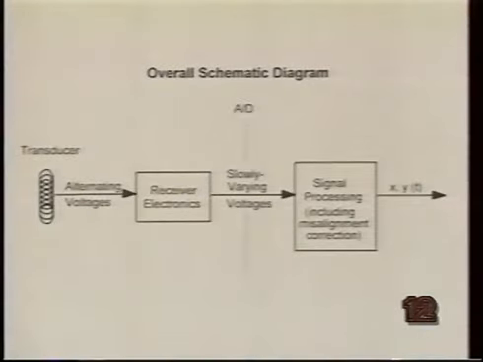The alternating magnetic fields from the transmitters induce alternating voltages in the transducers, which are connected to receiver electronics with fine insulated wires. The electronics convert the induced high-frequency signals to 3 slowly varying output signals from each transducer. These signals are digitized along with the speech signal.